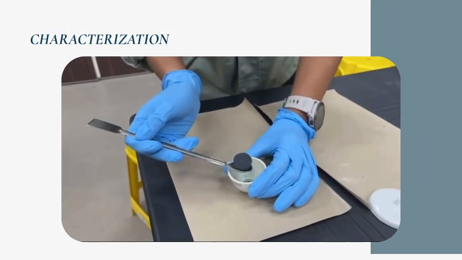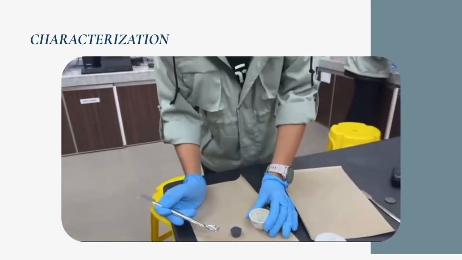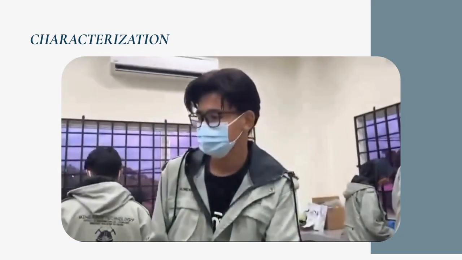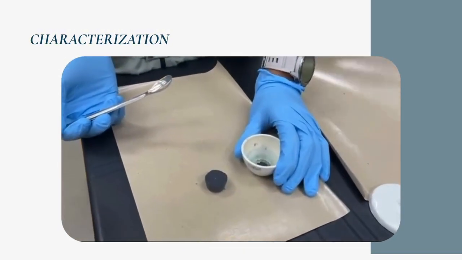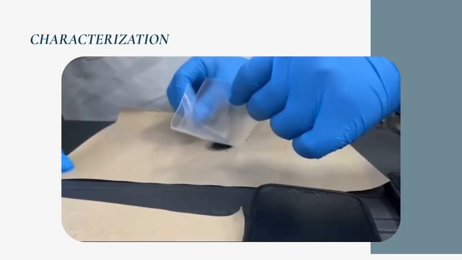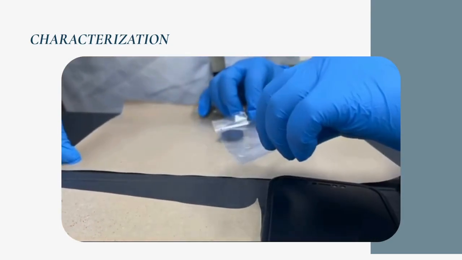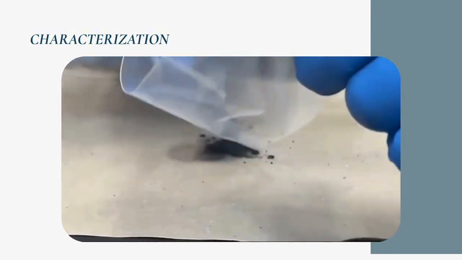Visual observation such as color change before and after heating was also recorded. This characterization step helps verify whether carbothermic reduction occurred successfully.